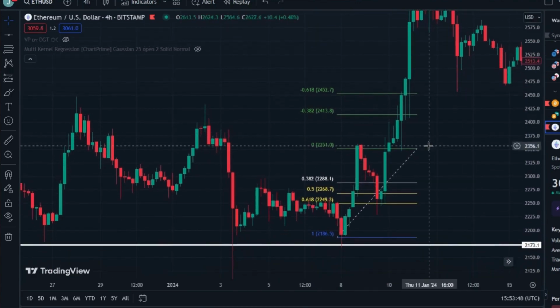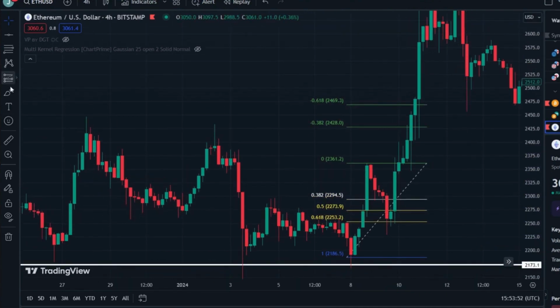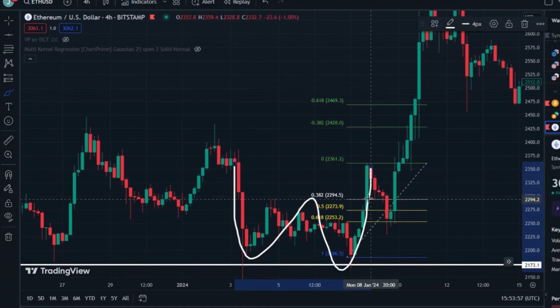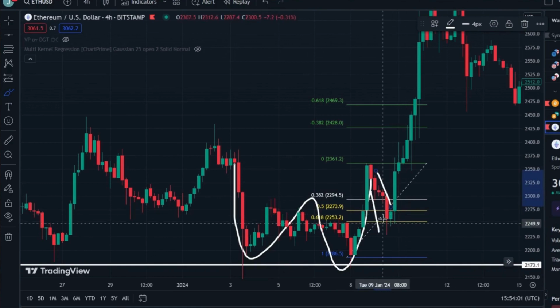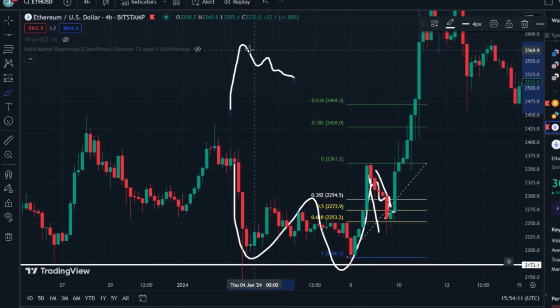So first of all, we have a good Fibonacci retracement. Furthermore, you can see that we have a W here. These red candlesticks can also be drawn as a flag pattern. As you have mentioned, the flag pattern is something like that.